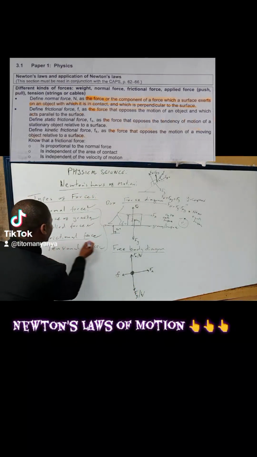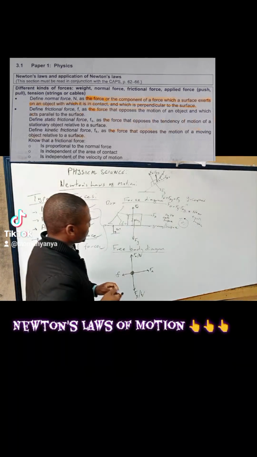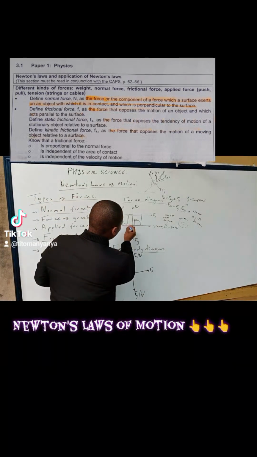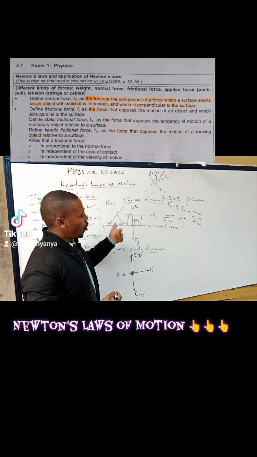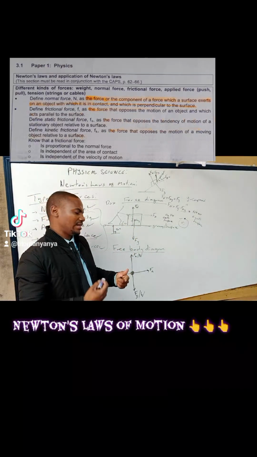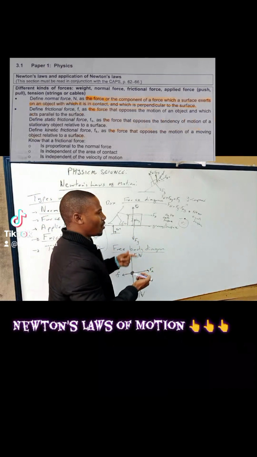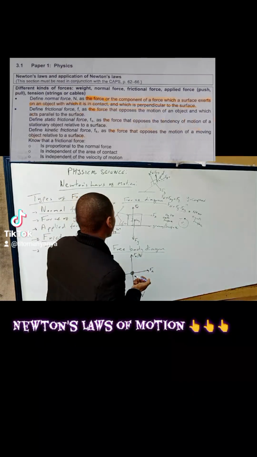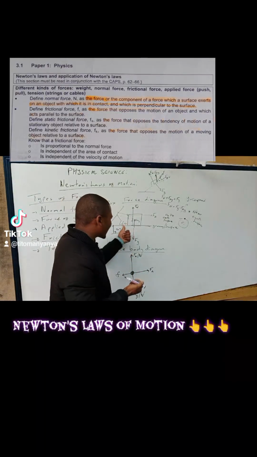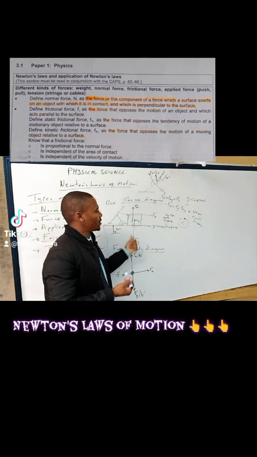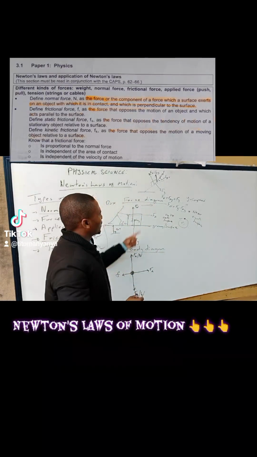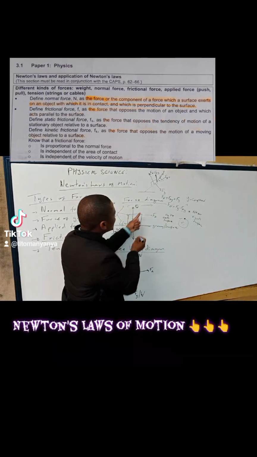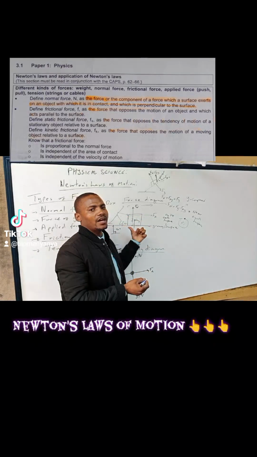Then, frictional force. Frictional force is a force that opposes the motion of an object parallel to the surface. If the object is moving in this direction, the frictional force will oppose that motion of the object in the other direction.